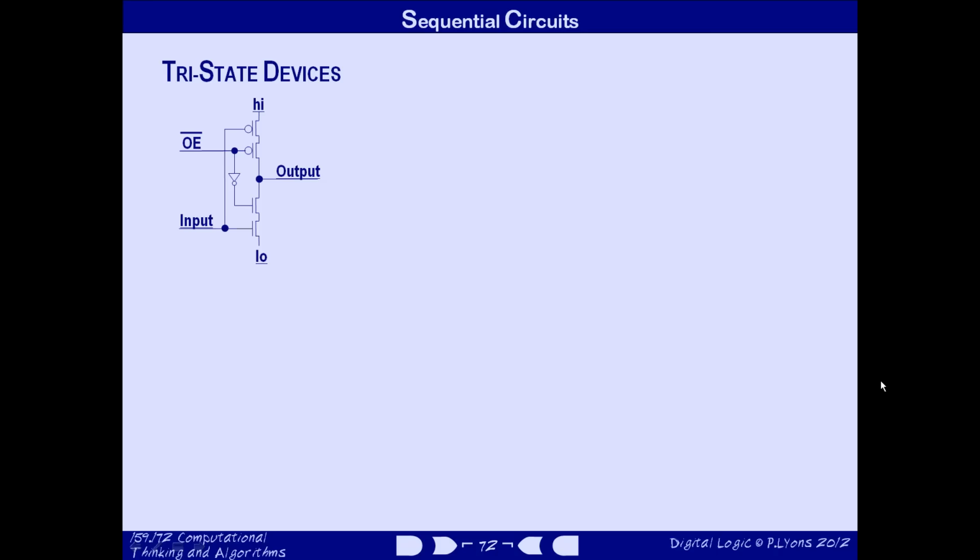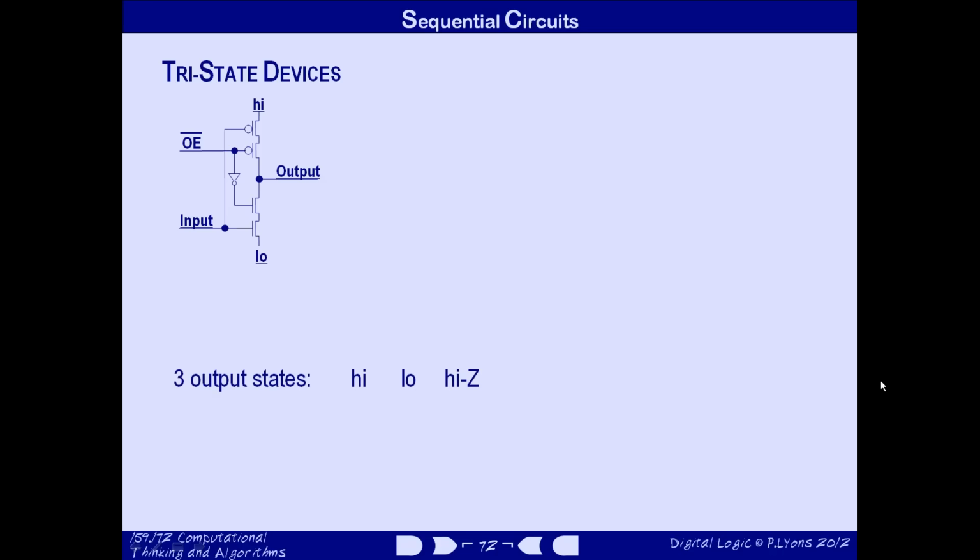So when OE is high, this new internal piece of circuitry completely isolates the output from either high or low voltage power supply rails. And when it's low, both of the transistors in the middle of the diagram turn on, so whichever one of the outside pair is turned on gets to determine the voltage on the output.